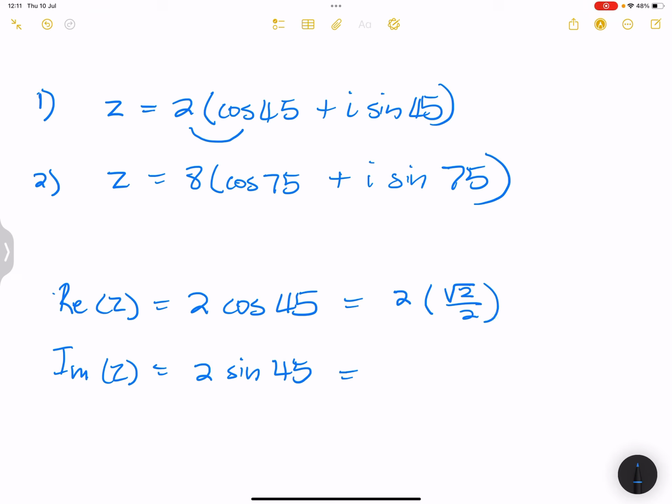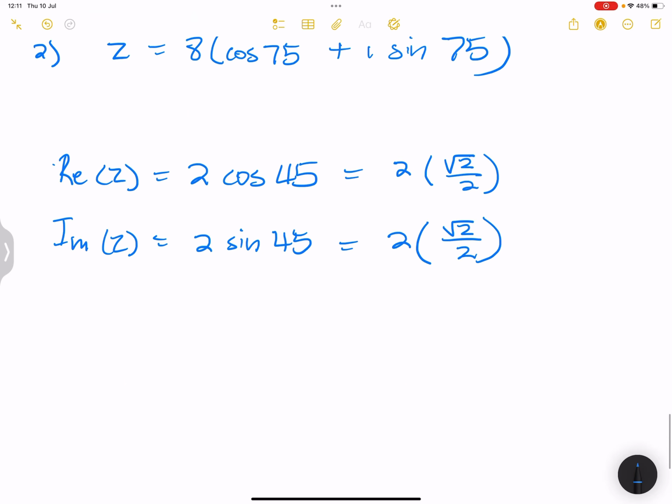And again, the same is true here. Sine 45 is root 2 over 2 as well. And you'll notice that the 2's cancel and you're left with root 2. And you're also left with root 2 over there.